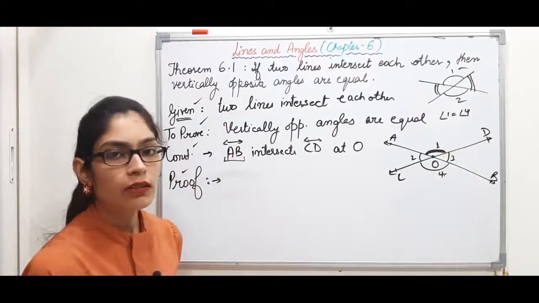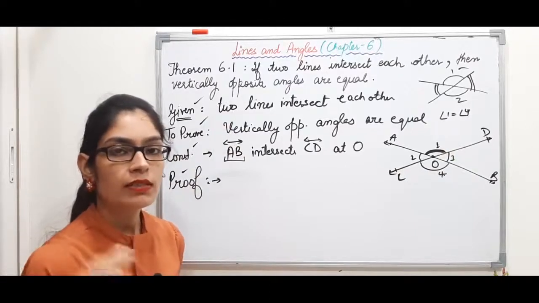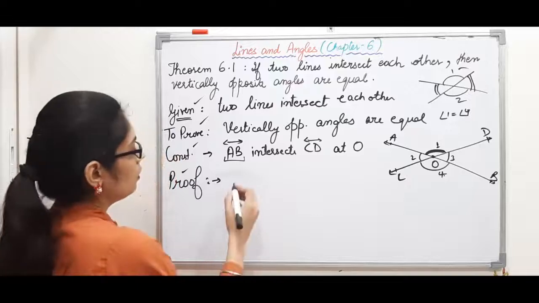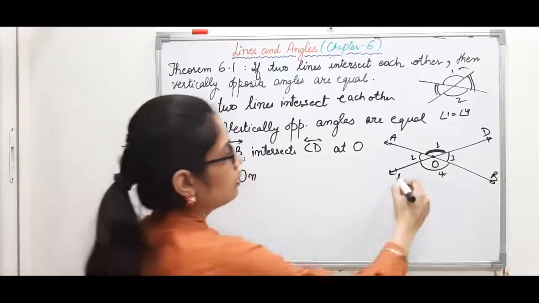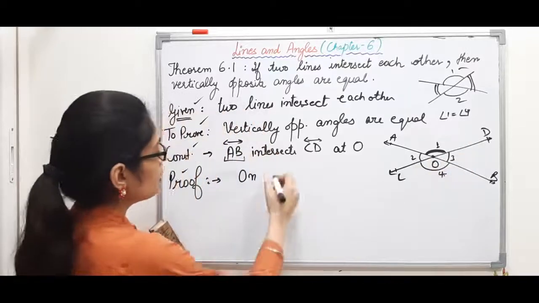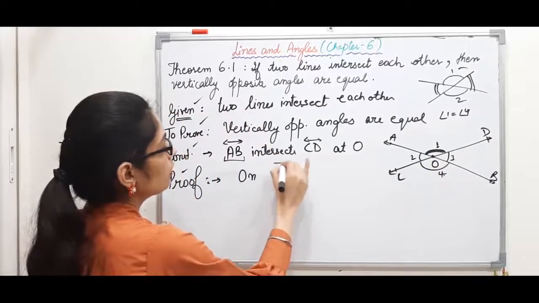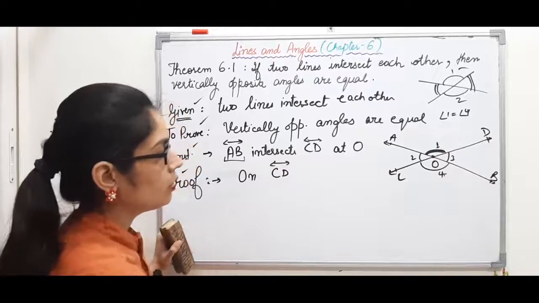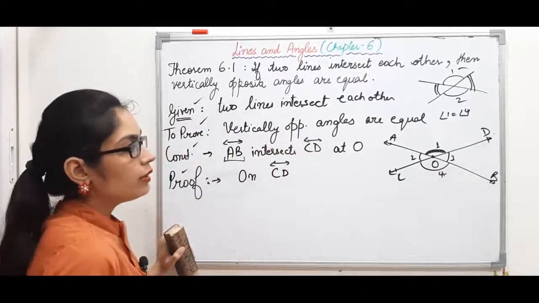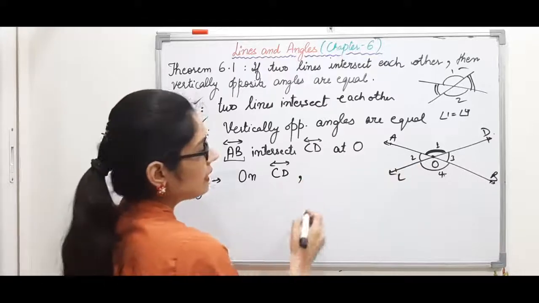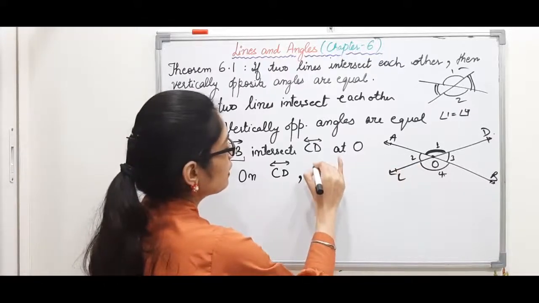We have learnt two axioms, so Axiom 6.1 we will use here. We'll start on line CD, or any line we can choose. We will choose line CD first. On line CD, you can see OA is the ray.